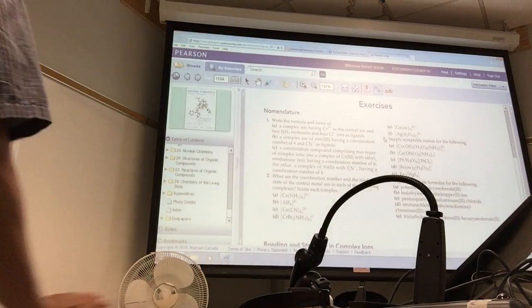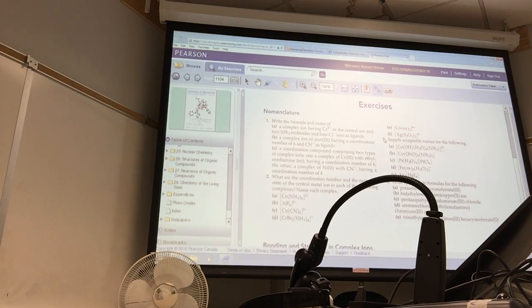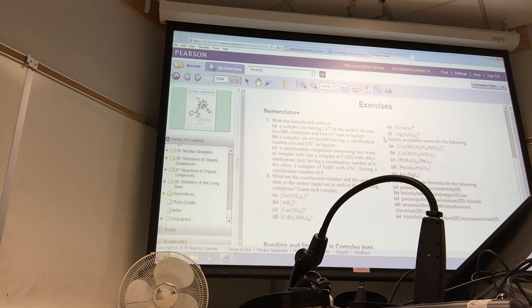And so the name of this is, we name the cation first, followed by the anion. And so the cation is going to be tetra-aqua platinum 2, space, hexachloroplatinate 4.